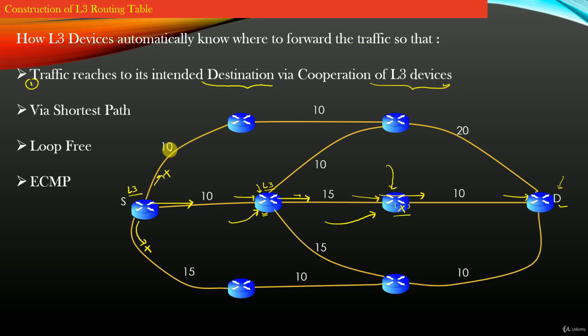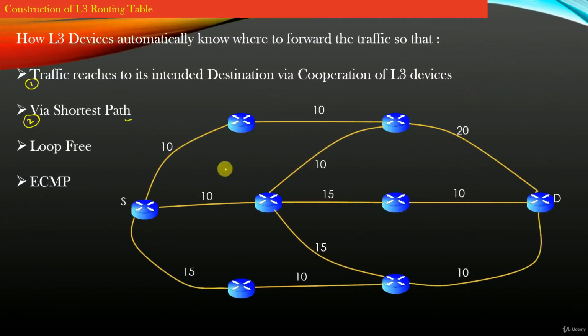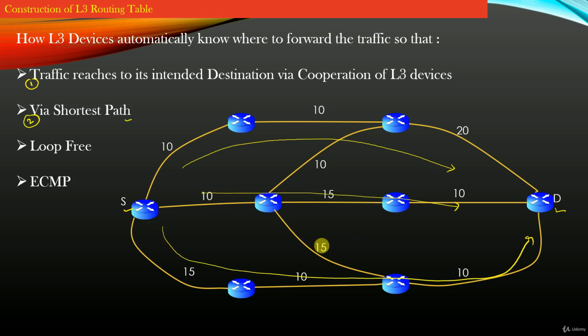Then the second point says that the traffic must reach its intended destination via the shortest path. Let us try to understand this point. In this topology diagram, you can see that from the source router S there are multiple paths to reach the destination router D. The traffic can go via this path, or via this path, or via this path, and so on, right?